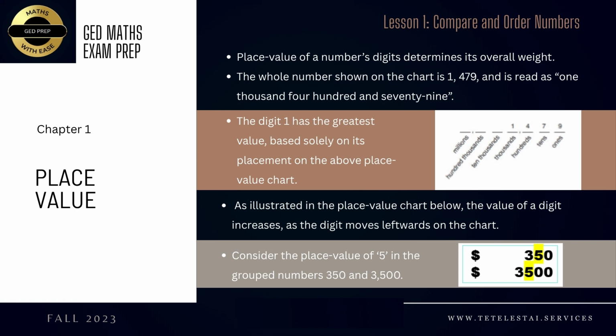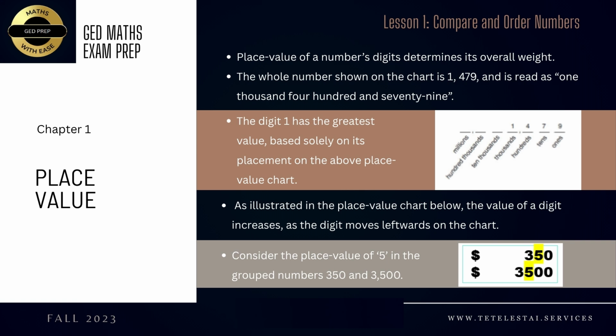And so if you see your phone bill is $1,479, you know that each one of those digits has its own unique value that when put together determines the size of that number.